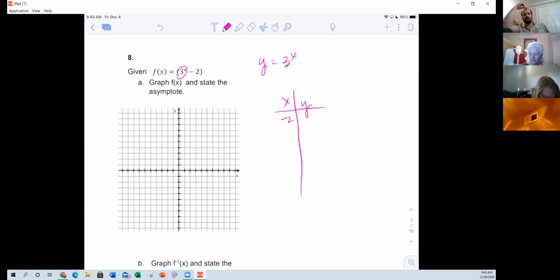Do just a few points. We won't be able to use a number very big, because exponential graphs get big so fast, it's going to have to be a relatively small number.